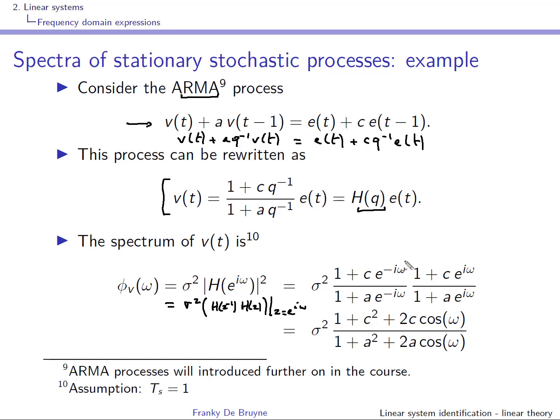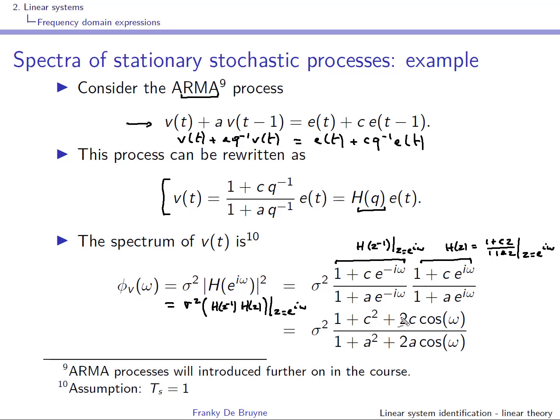So this is here H(z^-1) applied in z equal to e^(iω), right? And this one here is H(z). This is (1 + cz)/(1 + az) evaluated at z equal to e^(iω).